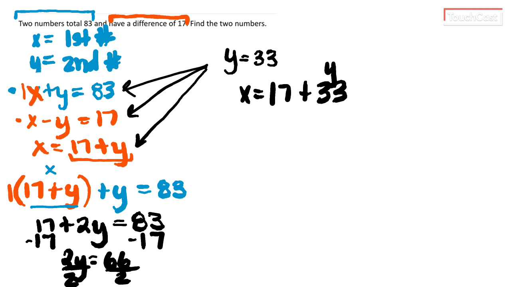And so then I can add those two together, and I get my answer of x is equal to 50. And I could check both of those. I can find that the difference between the two is 17 and that they sum up to 83, and that's always a good check. And so my x is 50 and my y is 33, and I'm all done.